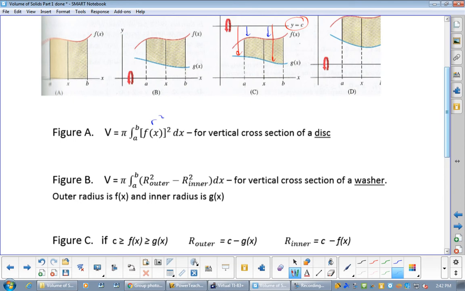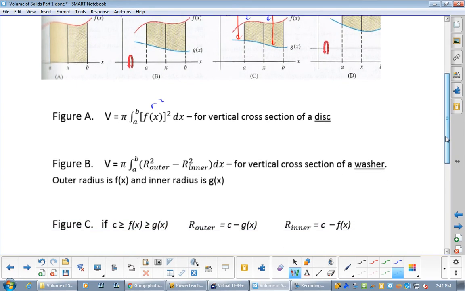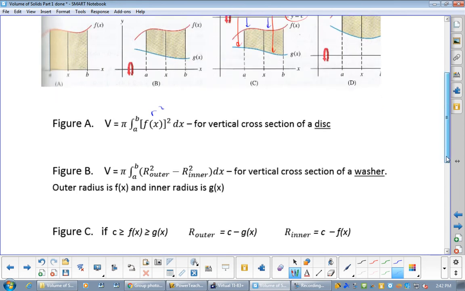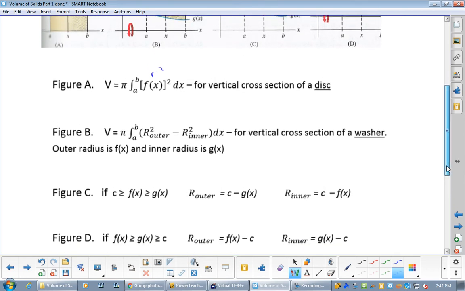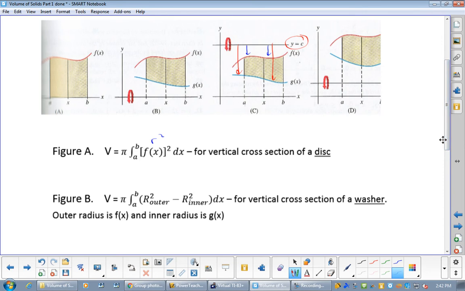Now, in figure D, do you see how we are above the line that we're revolving around? So that's where we're going to do f of x minus c, because f of x is the farthest away. That's been cut off, but this is f of x.